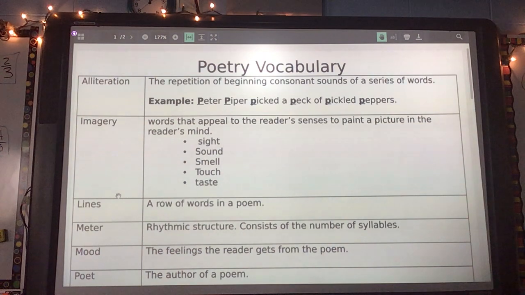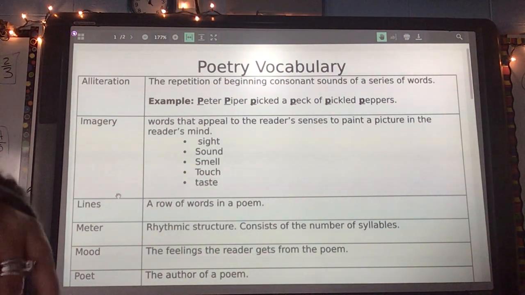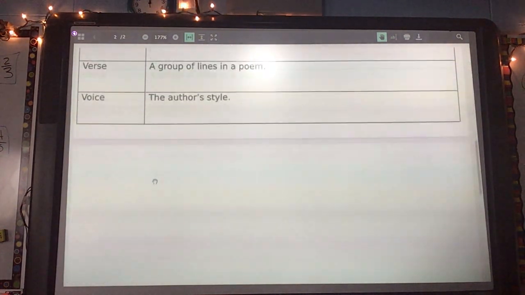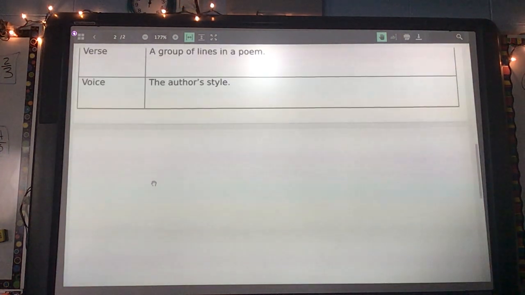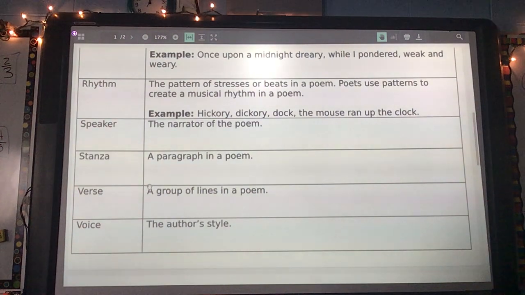All right? Ladies and gentlemen, we're going to be talking about these often as we go through our poetry unit. You need to know what these are. Then when I say these words, you need to be able to recognize them and know what I'm referring to. Okay? Studying these vocab words. All right? Any questions on your poetry vocab? No. Okay, study. There's not many there. Most of them are kind of self-explanatory.